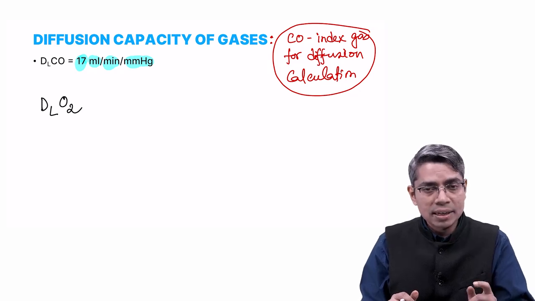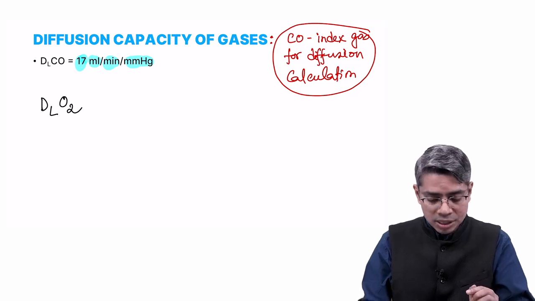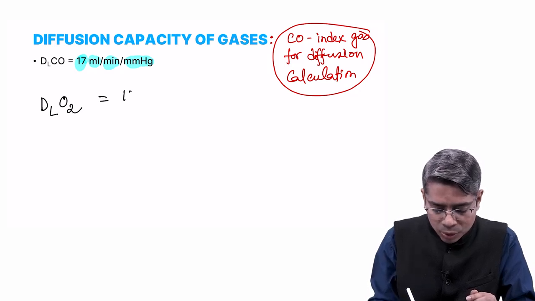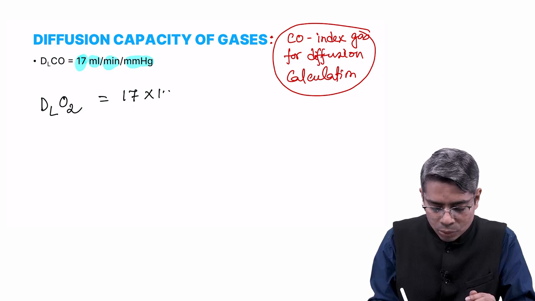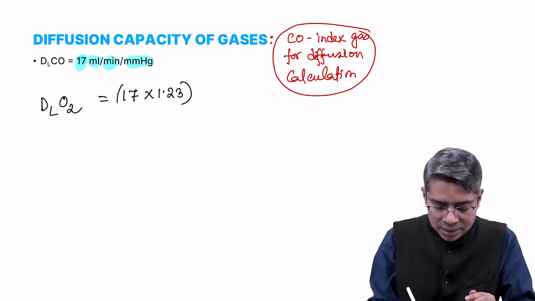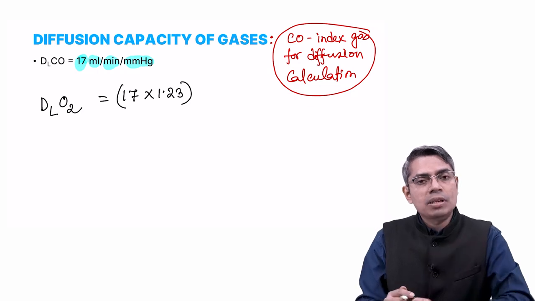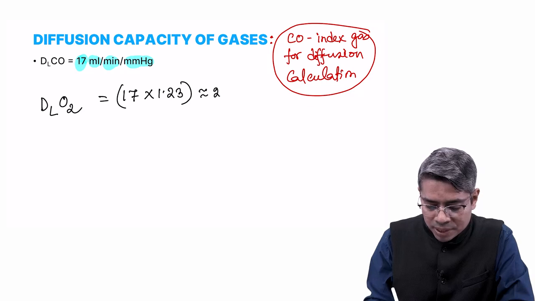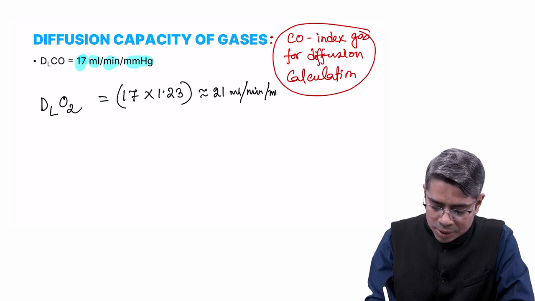I told you already that K, the diffusion coefficient value, is 1.23 times that of carbon monoxide. So, if I multiply this value of carbon monoxide, 17, with 1.23, since oxygen diffusion is 1.23 times faster than carbon monoxide, it will be approximately 21 ml per minute per millimeter of mercury.